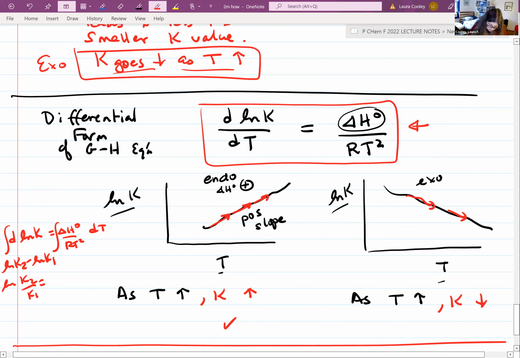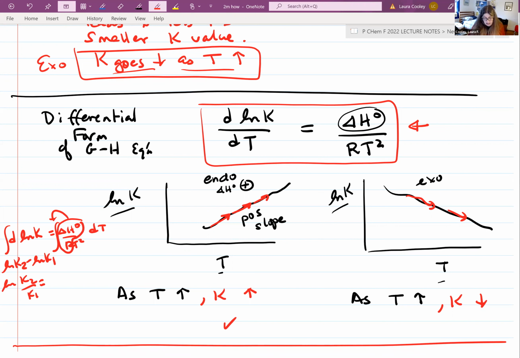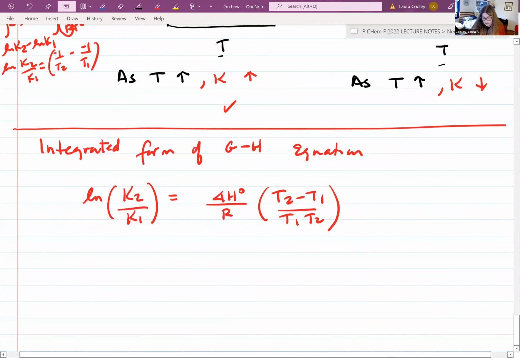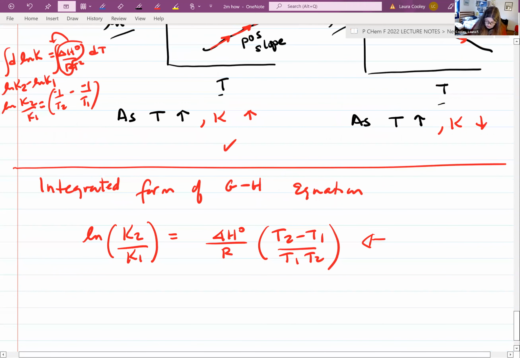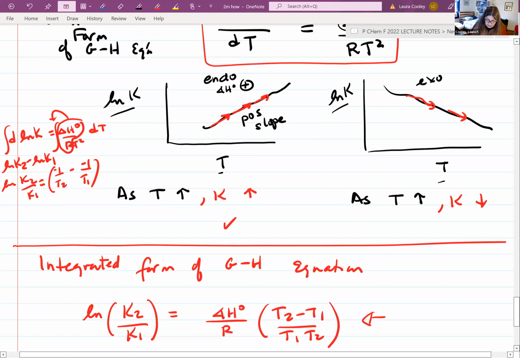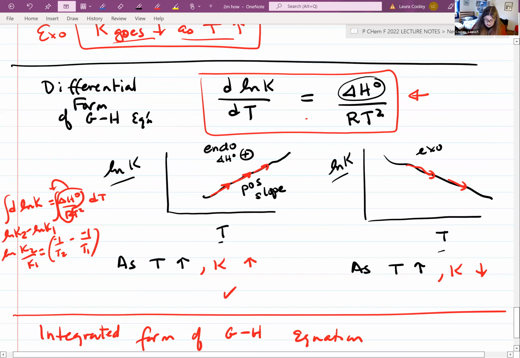And then here you would have to say that delta H is independent of temperature. Then you're basically integrating 1 over T squared times dT, which gives you negative 1 over T2 minus negative 1 over T1, which then you could make T1 minus T2. It comes out to this when you finish the integration. This equation just comes from integrating this between two limits.